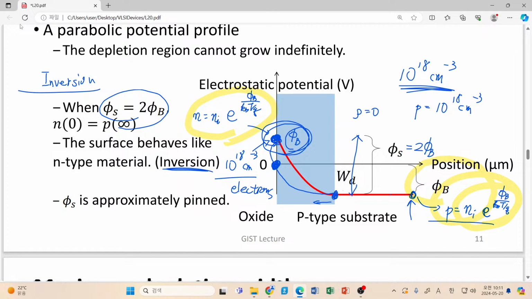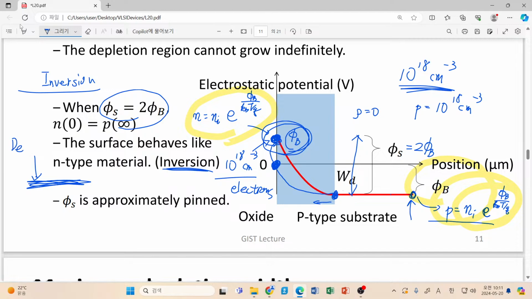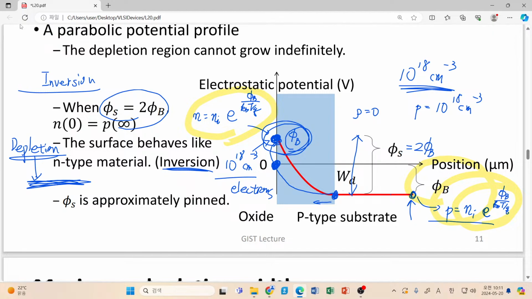Okay, so up to now I explained this point, and we are in a hurry, and up to now we have used this depletion approximation. So it looks quite okay.